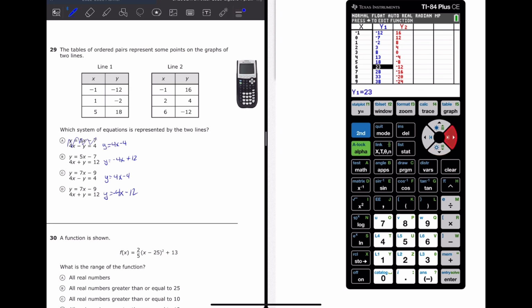Let's look at the 6 and 12. That's a match.